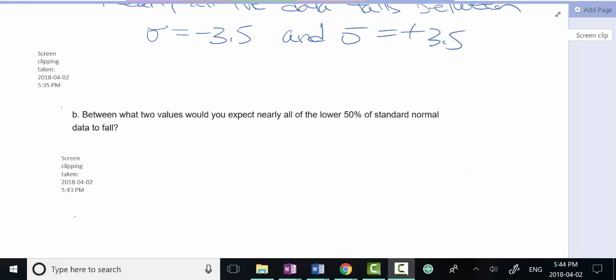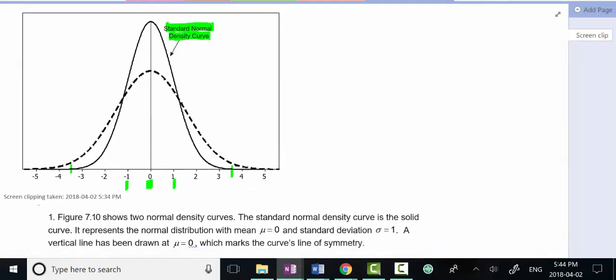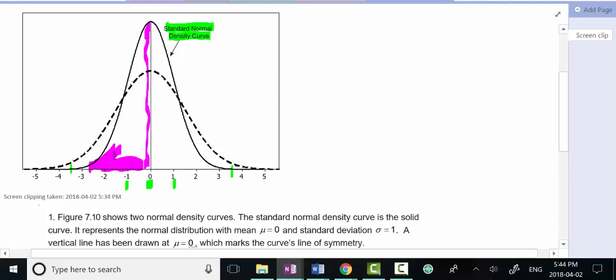Next question: between what two values would you expect nearly all of the lower 50% of standard normal data to fall? Looking at the curve, this is our standard normal curve. Nearly 50% of the data is going to fall in this region, which is between -3.5 or -3 and 0.